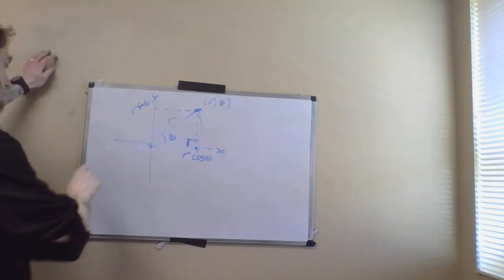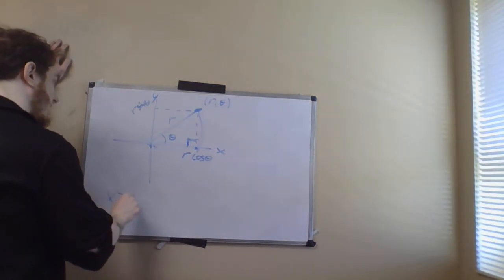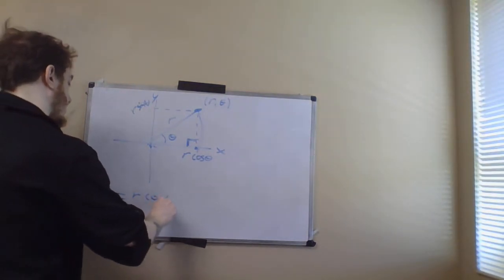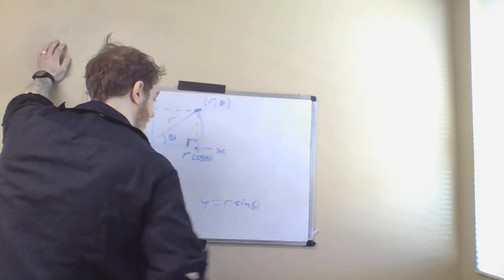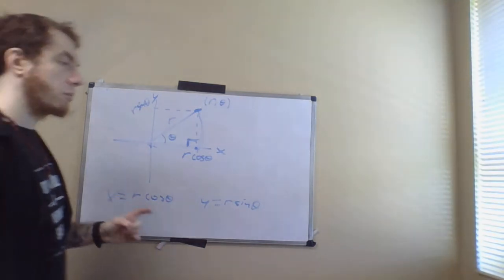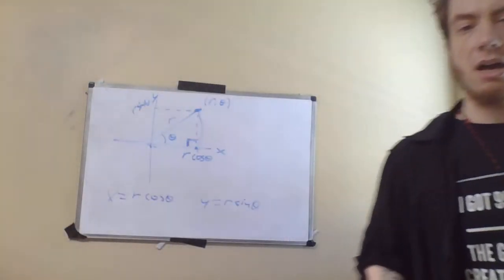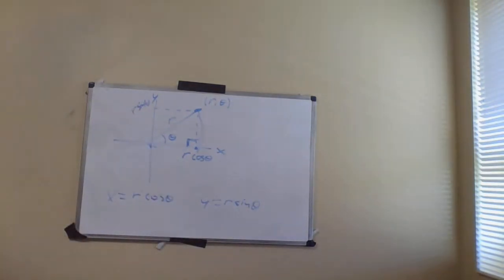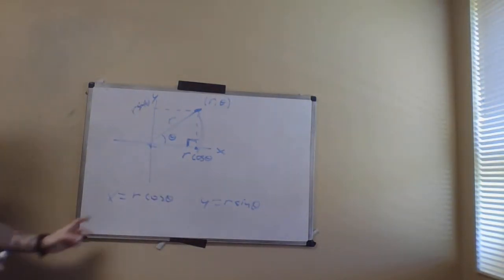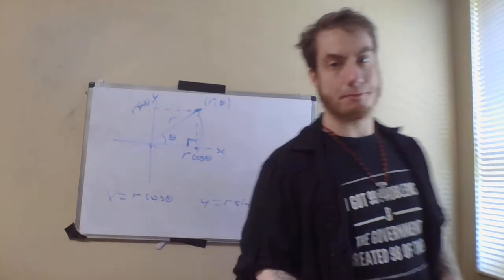And so we have this nice correspondence here where we say x is equal to r cos theta, y is equal to r sine theta. So if you've got something written in terms of your polar coordinates, you can rewrite it in terms of x and y coordinates by just using these formulas.